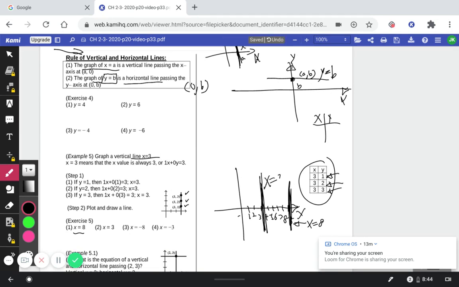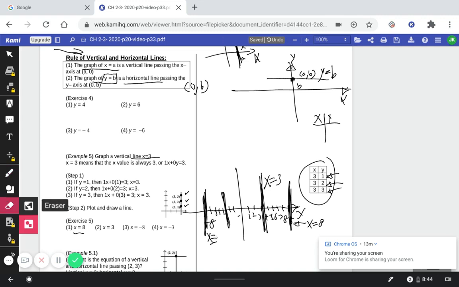So x equals 3. X is negative 8 means at negative 8, a vertical line. So this is x equals 8 and negative 8. And the other one is x equals negative 3. And this is x equals negative 3.